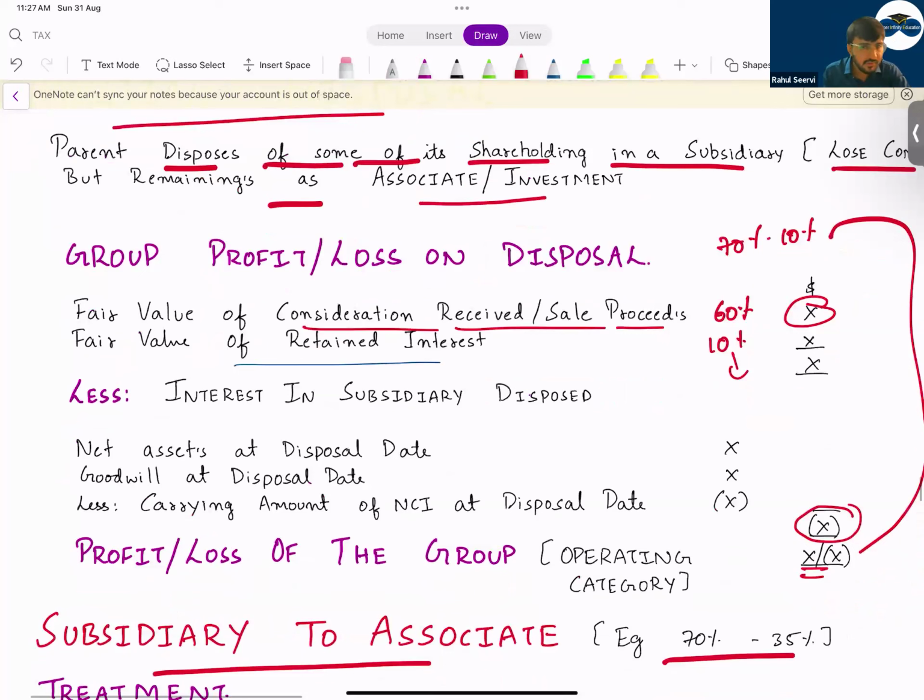Then less value which you have disposed: net asset on date of disposal, goodwill at disposal date, and less carrying amount of NCI. Now this net asset at disposal date, how will you calculate it? You should take the net asset on the acquisition date plus post-acquisition profits and any other adjustment like fair value adjustment, etc.